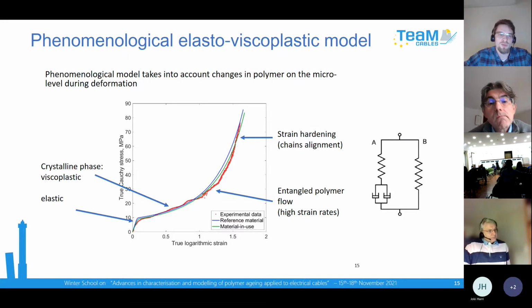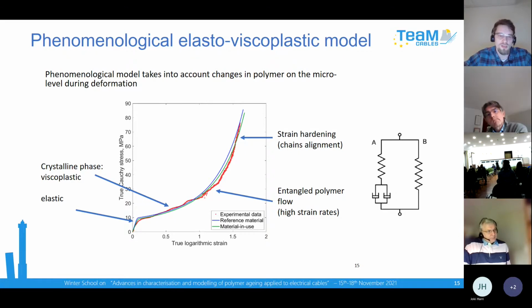Then we go to the crystalline or intermolecular phase, which is actually viscoplastic. Then some entangled polymer flow, meaning that we go to polymer chain interactions, and then once chains are starting to align, we have this strain hardening.